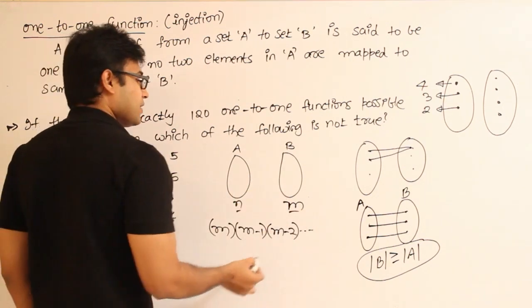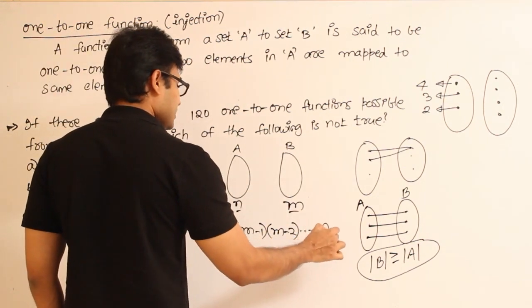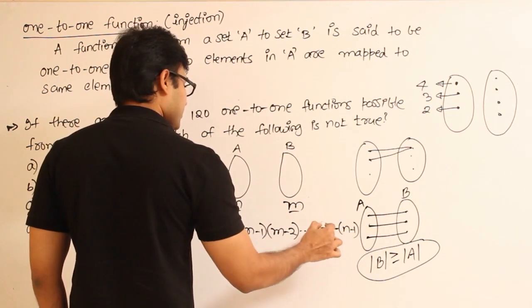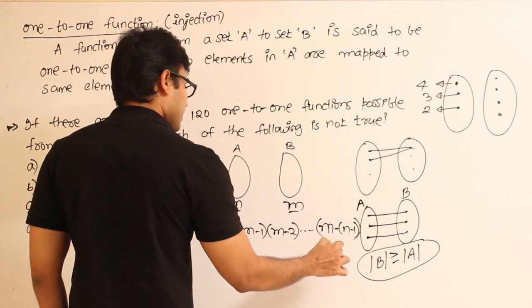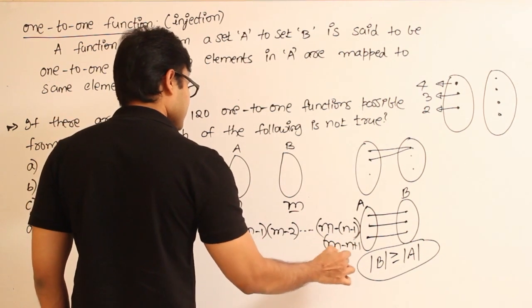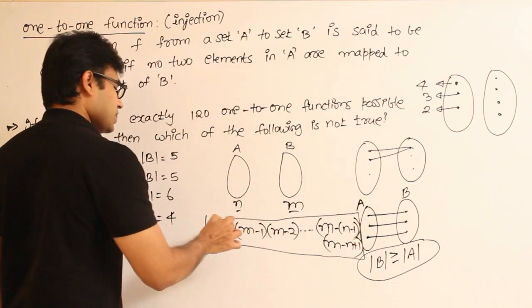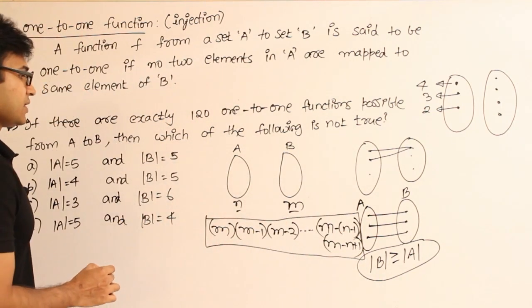For the last element the number of choices is m minus (n minus 1), or we can say m minus n plus 1. Therefore this is the total number of one-to-one functions possible from set A to set B.